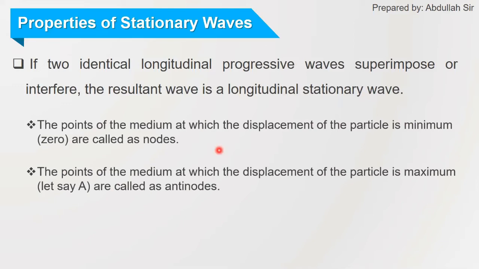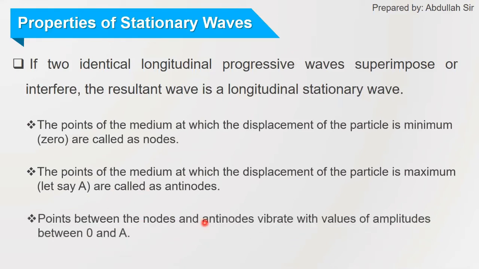Now the second point is that the points of the medium at which the displacement of the particle is maximum are called antinodes. Nodes and antinodes, we will get them here also, and the points between the nodes and antinodes vibrate with amplitudes between 0 and A.